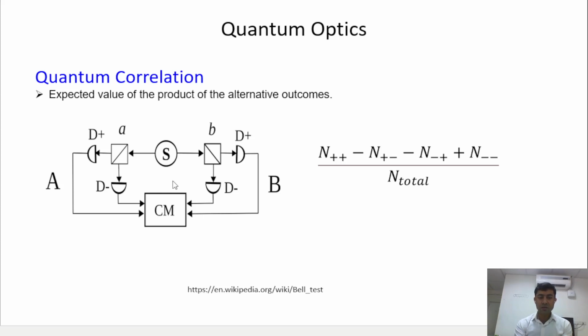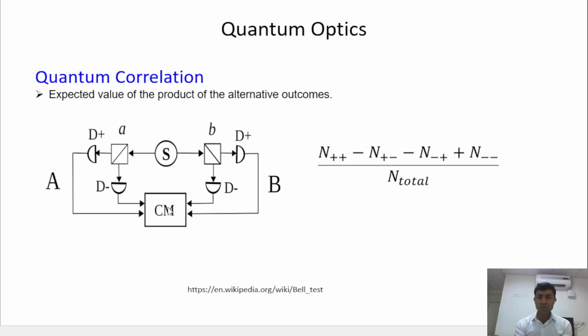We can understand this concept with a simple experiment. Here the source S produces pairs of photons in opposite directions, towards right and left. Now each photon encounters a two-channel polarizer, and emerging photons from each channel are detected, and their coincidences are counted by the coincidence monitor CM.